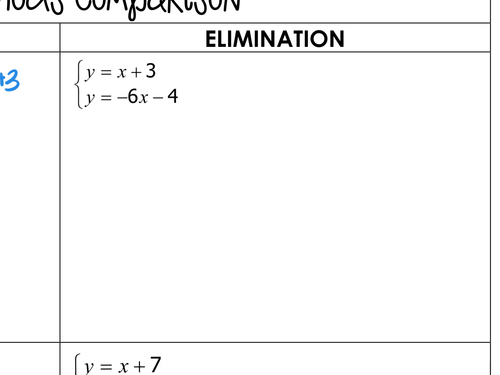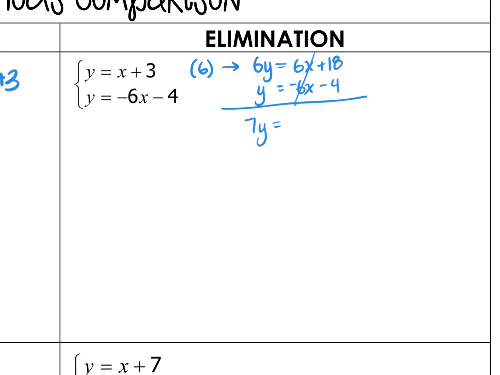You should definitely write down the next part, which is 6y equals 6x plus 18. And then the bottom is y equals -6x minus 4. Now we've set it up so that we can add them together and those cancel. So 6y plus y is 7y. 18 minus 4 is 14. So I divide both sides by 7. I get y equals 2.